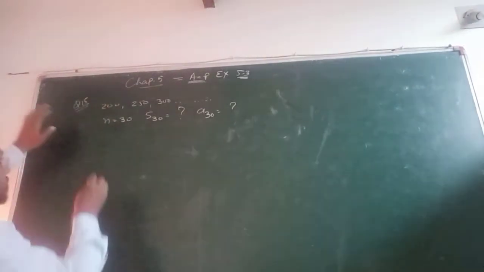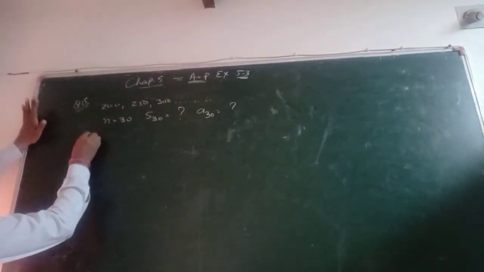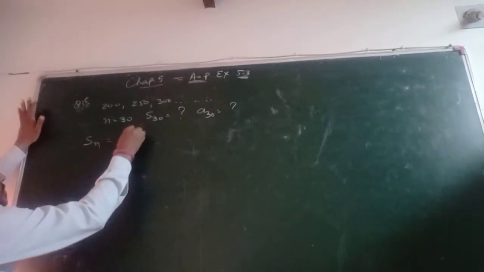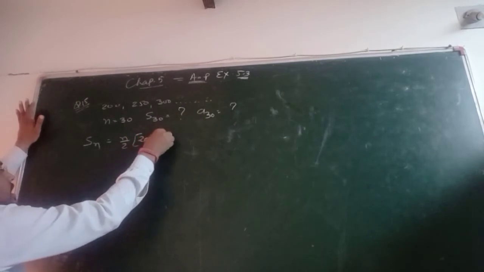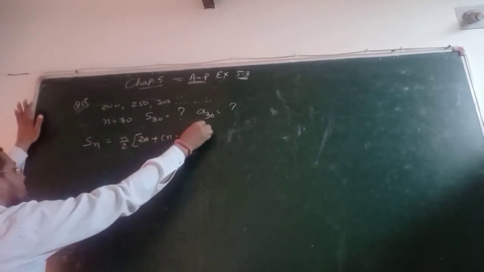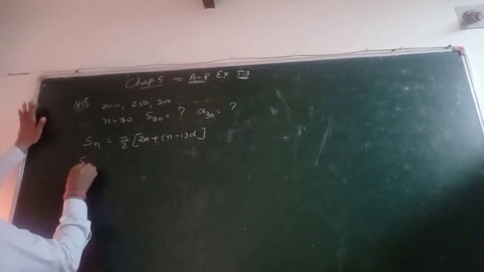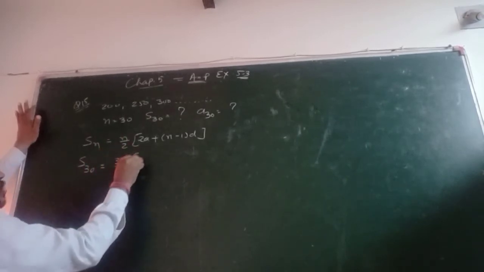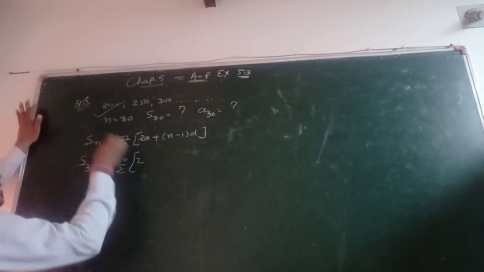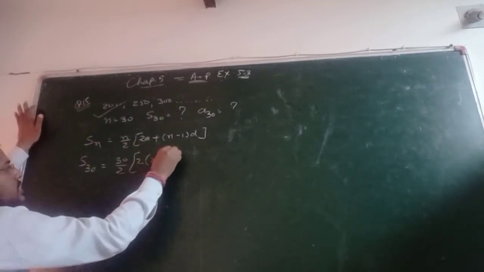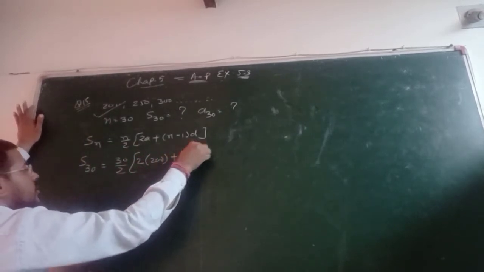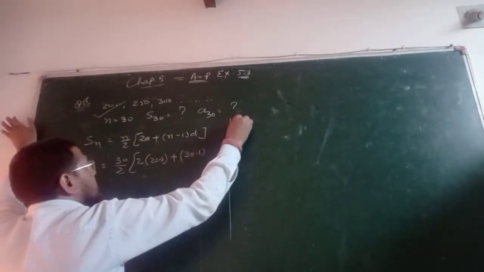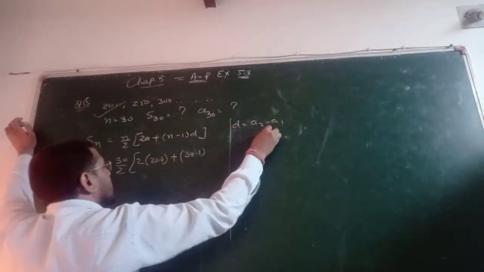So let's start with this one. n is given to you, Sn is n upon 2 times (2a plus (n minus 1)d). So S30 is demanded, and that is 30 upon 2 times 2a. a means the very first term, that is 200, plus n is 30 minus 1, but d we had not calculated. We will calculate this one. d is equal to a2 minus a1.